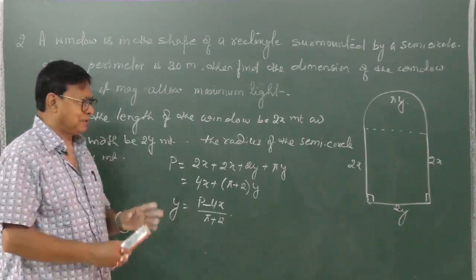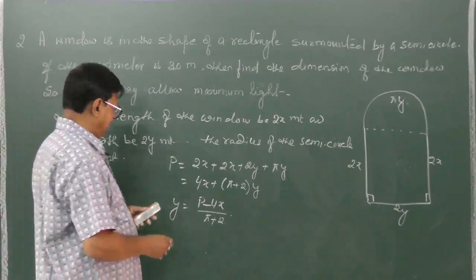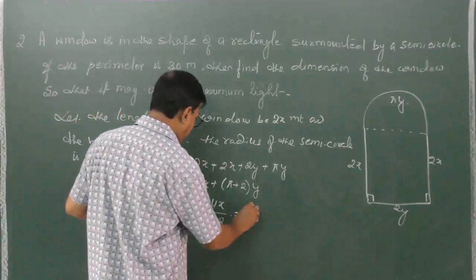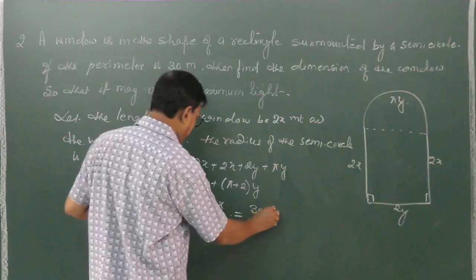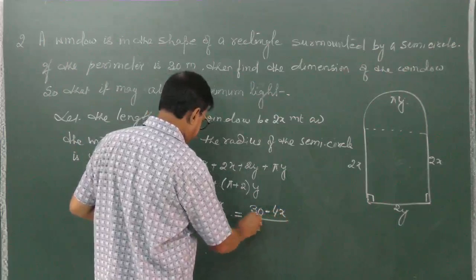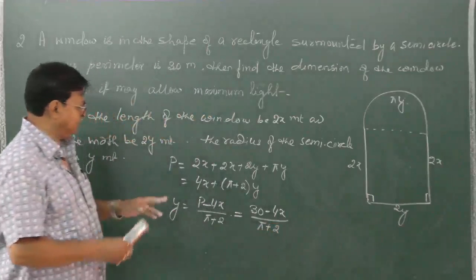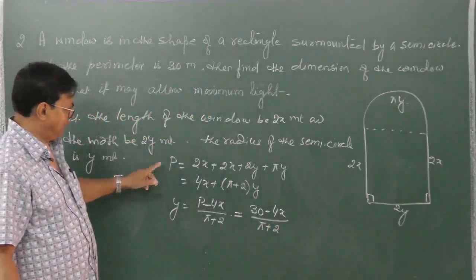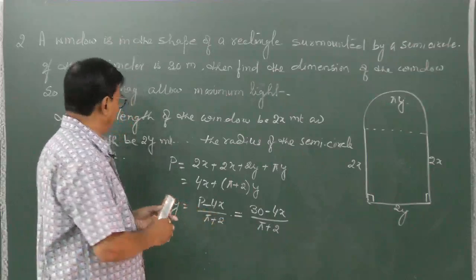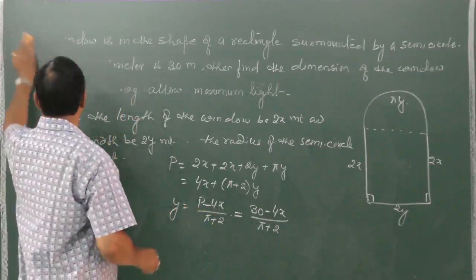Now remember, what is given is to be taken as constant. So p here is given 30. The perimeter is 30 given in the question. So y is 30 minus 4x by pi plus 2. Now to find the area.